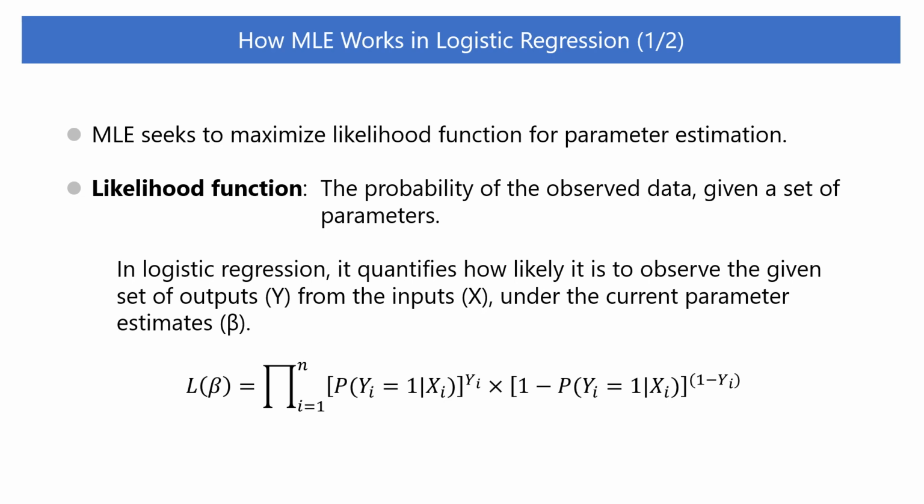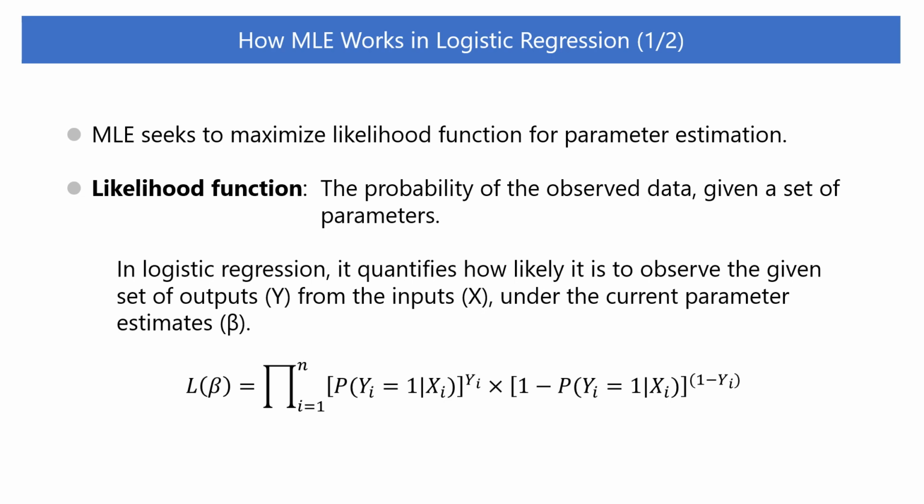For each data point, the logistic regression model predicts a probability of being in class 1. The likelihood function is the product of these probabilities for all data points. For those data points actually in class 1, we use the predicted probability directly.